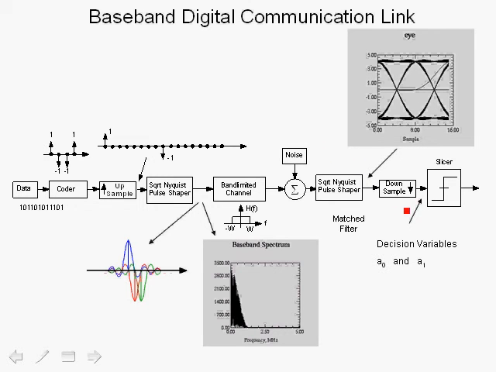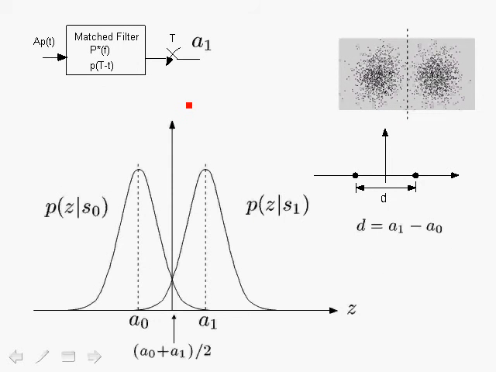Now, as this block diagram shows, we obtain at the receiver two decision variables, a sub 0 and a sub 1. We obtain the decision variable a sub 0 in the case a -1 symbol corresponding to a 0 was sent, and a sub 1 if we transmit a symbol equal to 1 corresponding to a binary 1. Now, this is a very important diagram.